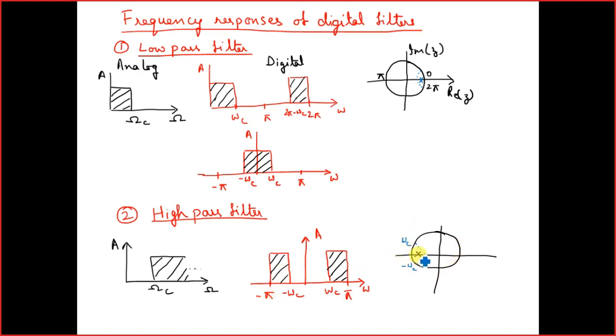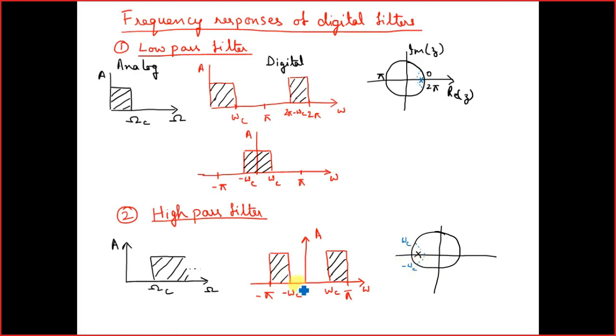So when I start with minus pi, I have the effect of the pole and it continues up to minus omega c. I have a high value at minus pi, and this high value continues up to minus omega c, and then from minus omega c, as I continue on the unit circle, I come up to omega c, where the pole has no effect on those frequency components.